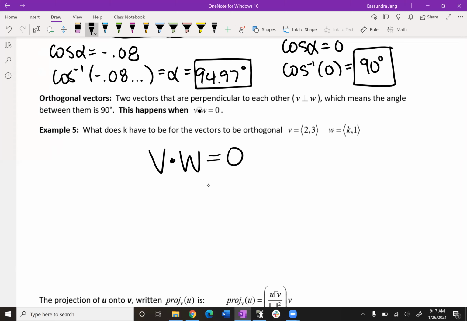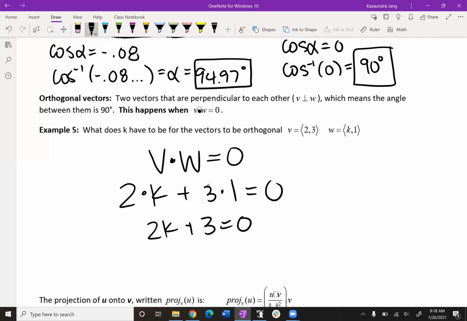Your dot product was the 2 times K, the x's multiplied together, plus the 3 times 1. That's supposed to be a 0? Yeah. 3 times 1 is 3. And so we need 2K to equal -3. Nice. 2 times -1.5 is -3.